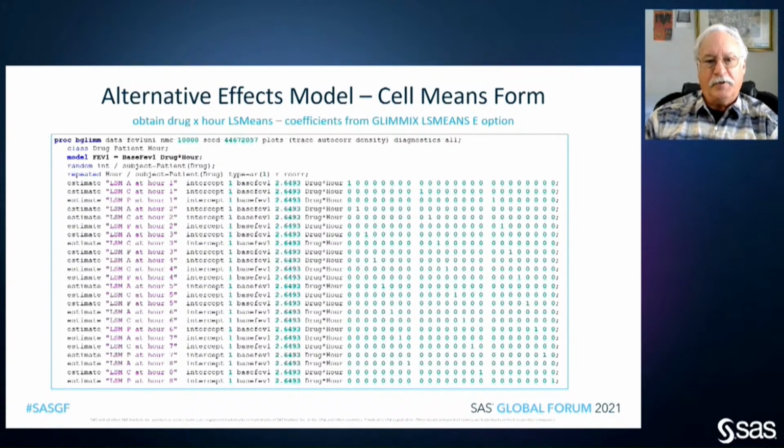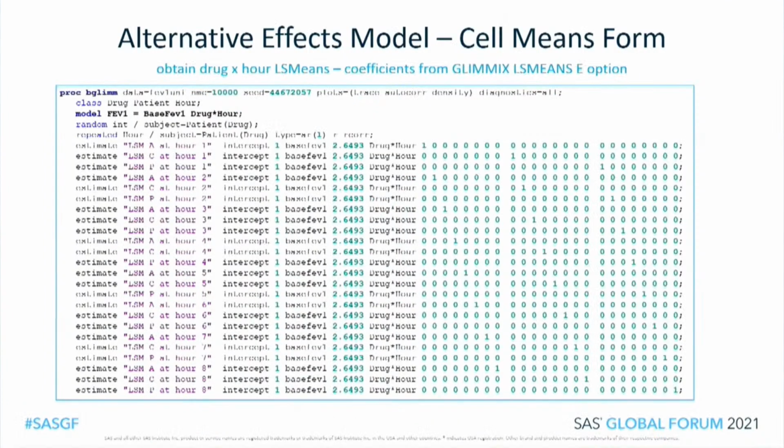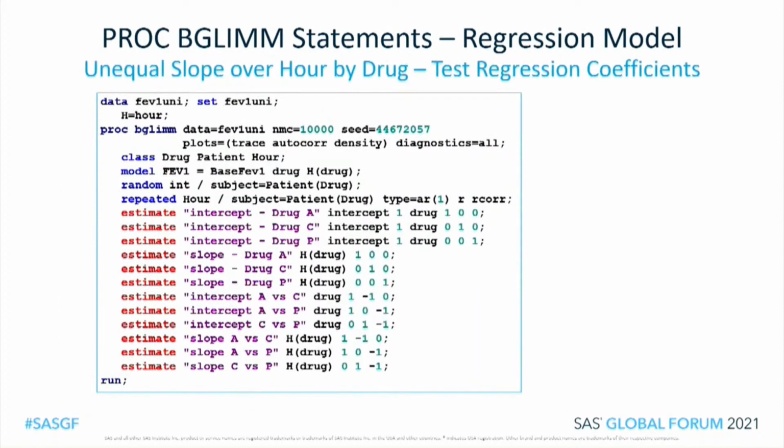And then what I did was I ran a GLIMMIX program to get the least squares means coefficients using the E option. And I simply used all those coefficients to define the least squares means. So unfortunately, it's a lot of bookkeeping, but if you take a deep breath and focus, it's doable.